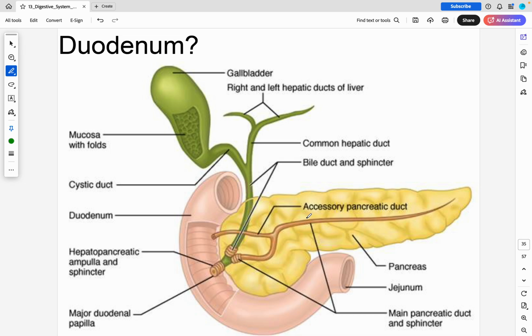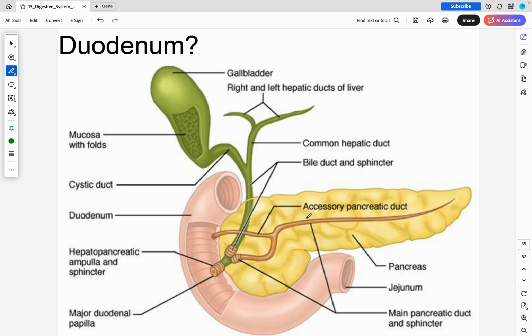So the gallbladder primarily functions as an accessory organ that stores bile. If the food consumed by the animal is fat heavy, it will secrete bile in order to help the breakdown of fat.